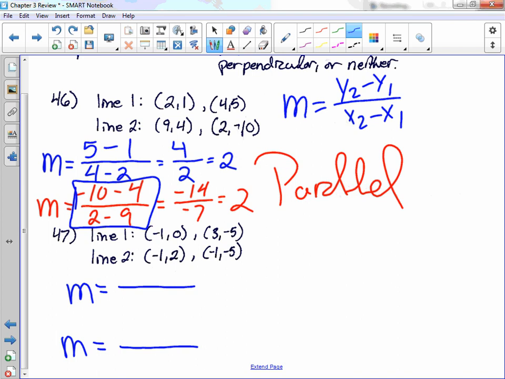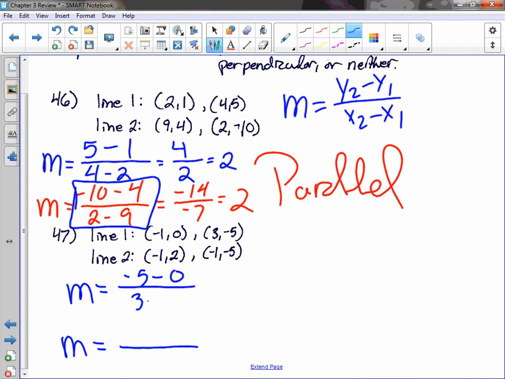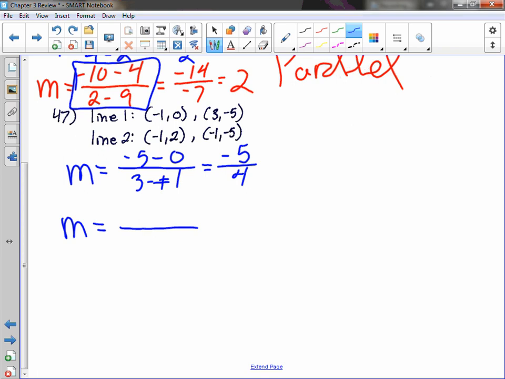Again, thank you. So let's do this one here. So we would have negative 5 minus 0 over 3 minus negative 1. Well, negative 5 minus 0 would be negative 5. A negative and a negative would make a positive, which would give us 4. So we have negative 5/4.